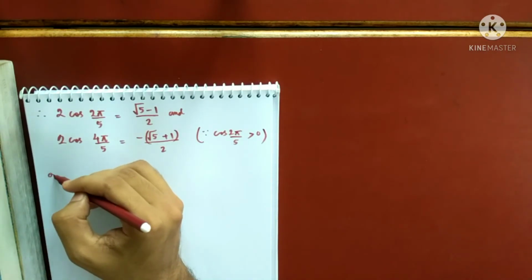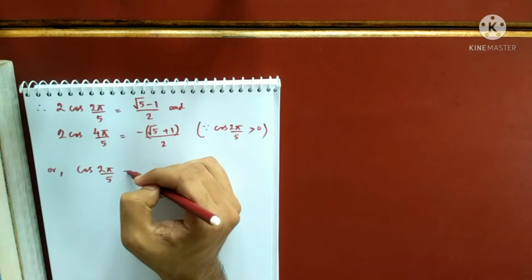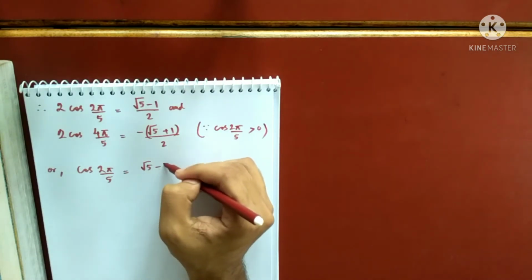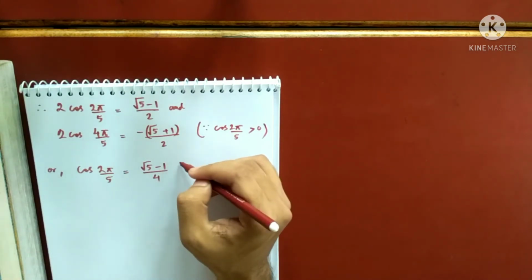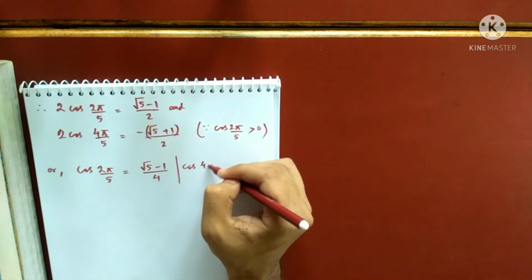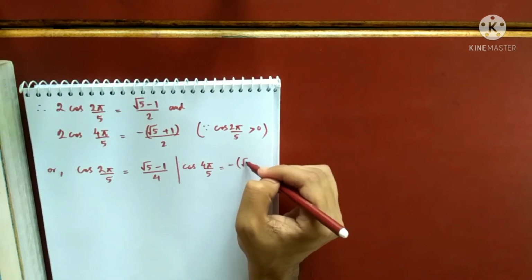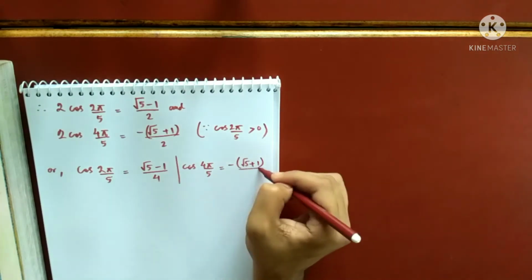So what is the value of cos 2 pi by 5? It is root 5 minus 1 by 4. And what is the value of cos 4 pi by 5? This 2 will go and divide, so minus root 5 plus 1 by 4.